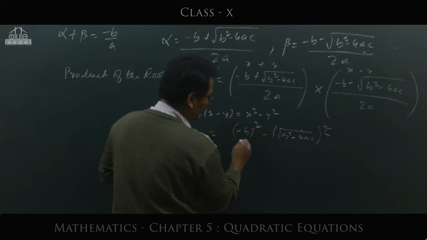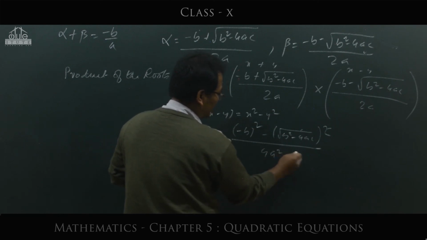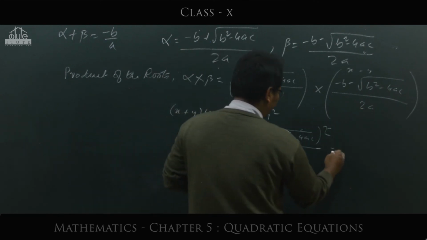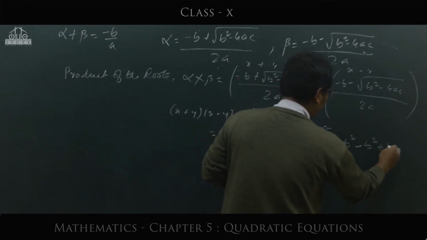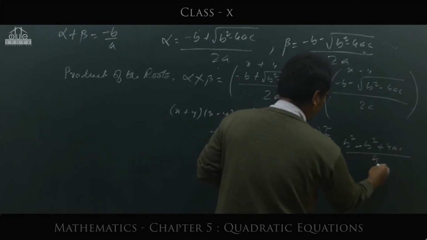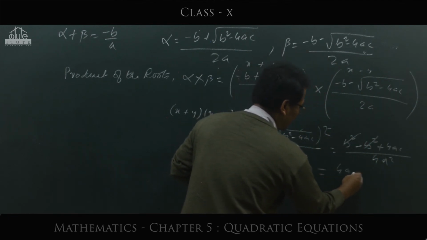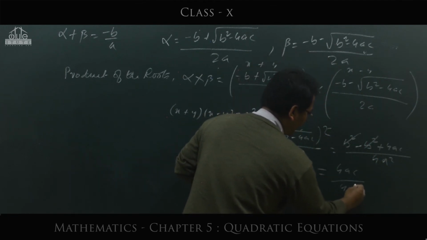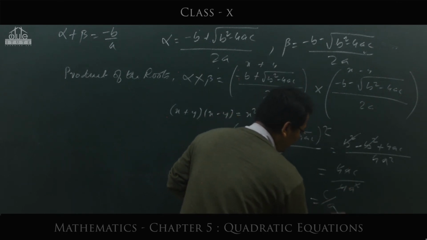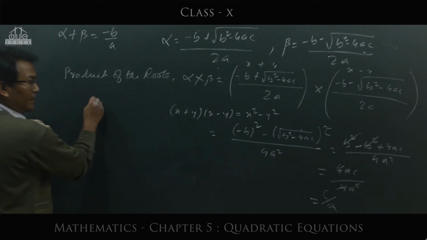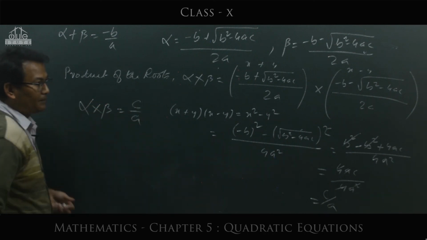So this and this cancel, root over square cancel, and 2a into 2a is 4a square. So opening the bracket, I have b square minus b square plus 4ac divided by 4a square. These two cancel, so I have 4ac divided by 4a square, a and this cancel, 4 cancel, so the product of the roots is c by a. So I have product of the roots equal to c by a.